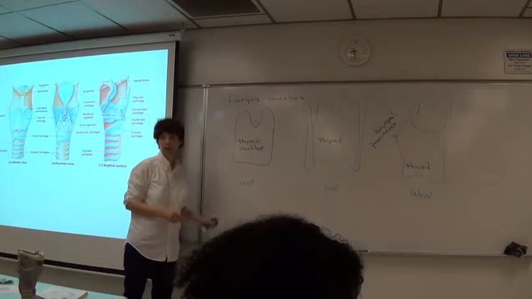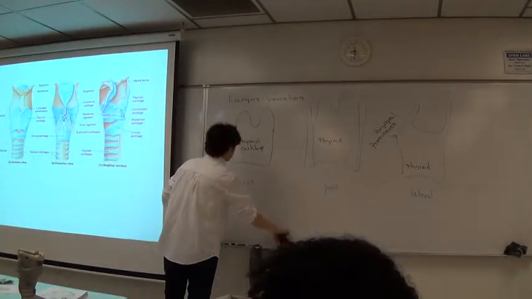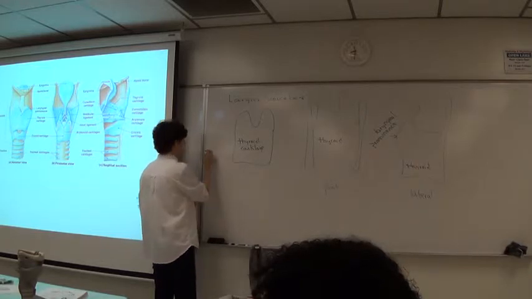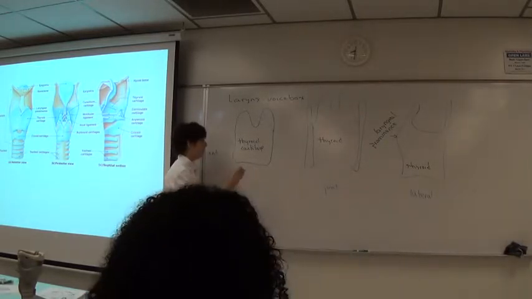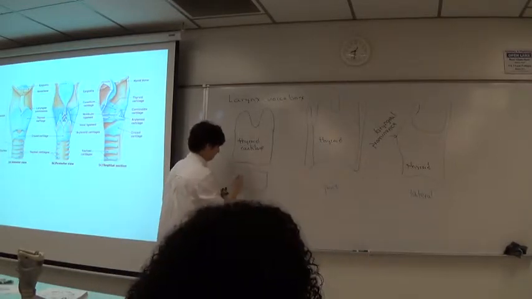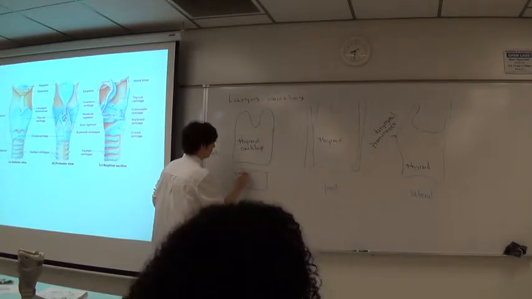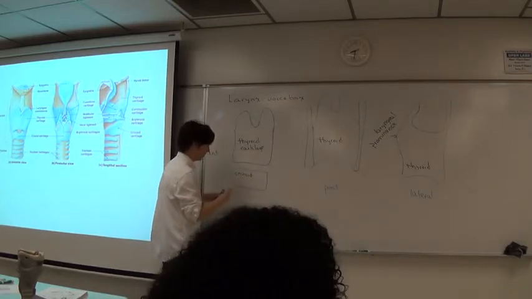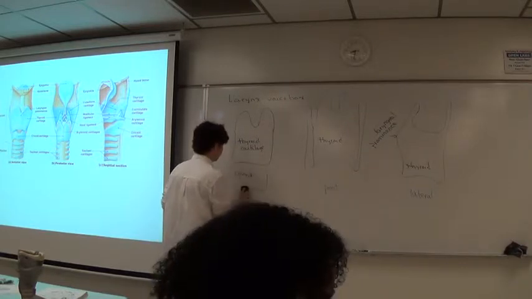The second largest cartilage is also a singular structure. It's smaller in the front than it is in the back. And this is known as the cricoid cartilage. Actually, let me draw it as a different color so it's visible.